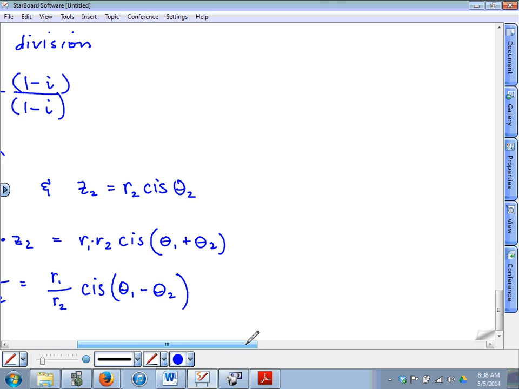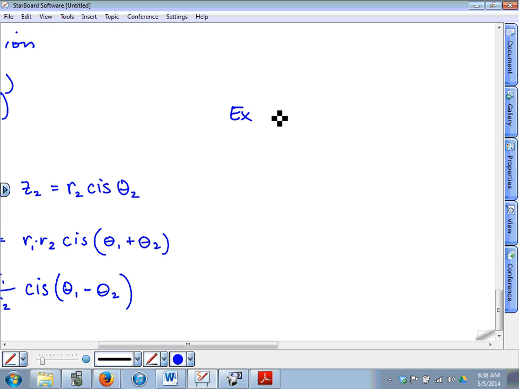Let's do a quick example of this. Example 3. Let's say that z1 is 2 CIS pi fourths, z2 is this little guy here.